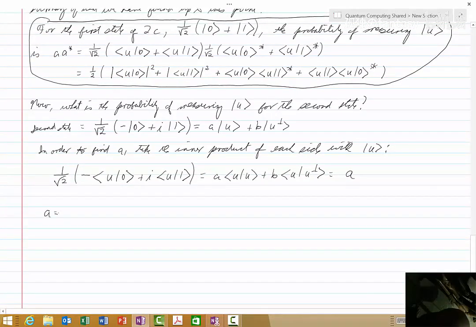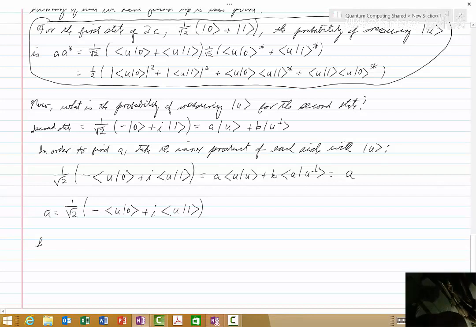So in this second case, A is equal to 1 over the square root of 2 times minus the inner product of U with 0 plus I times the inner product of U with 1.